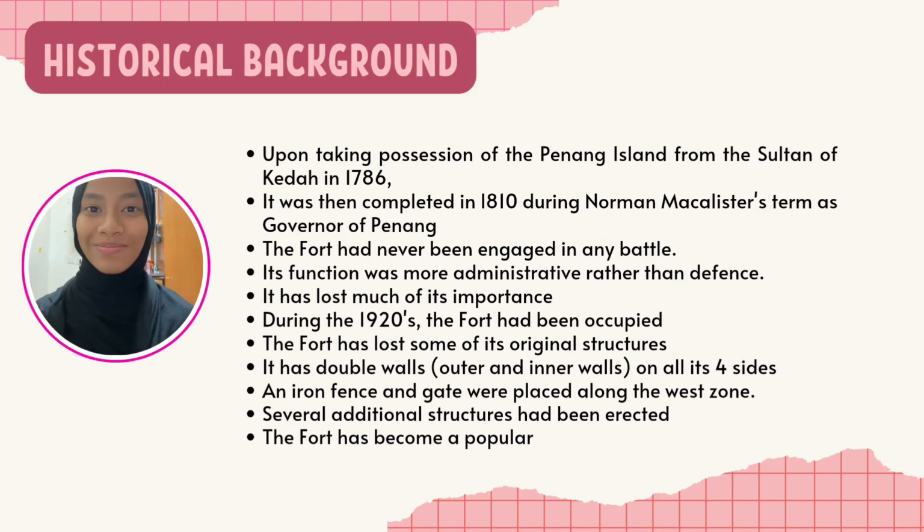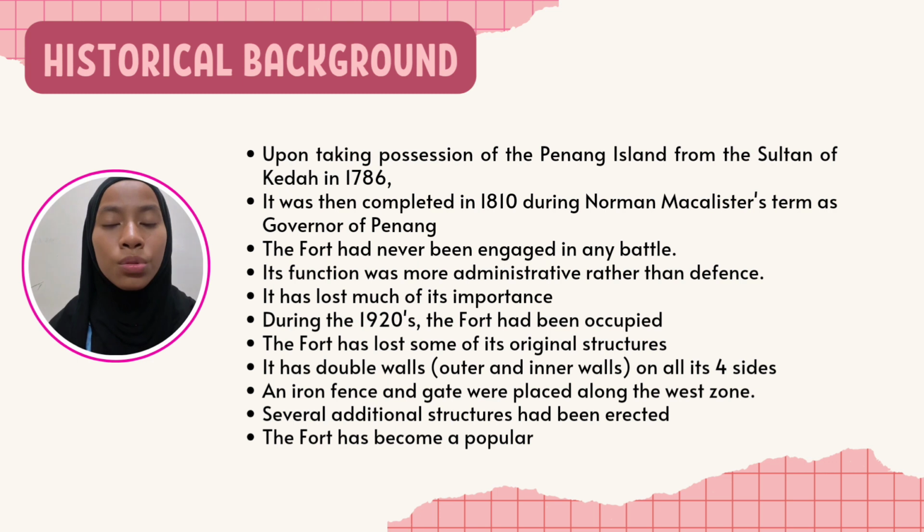Historical background. Upon taking possession of Penang Island from the Sultan of Kedah in 1786, British Captain Sir Francis Light built Fort Cornwallis, covering an area of 470.6 feet. It was rebuilt in 1804 with bricks and stone by Indian convict labor during Colonel R.T. Farquhar's tenure as Governor of Penang.